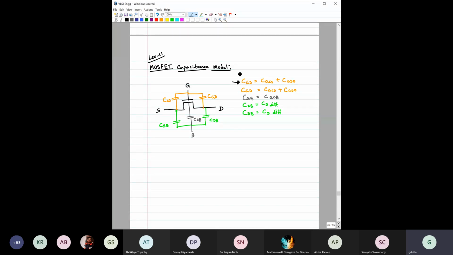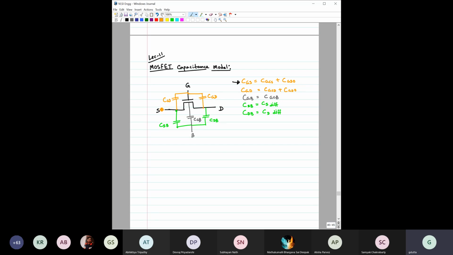And I hope that if you have understood the earlier discussions, then these things are pretty easy. For example, let us see this CGS, the gate to source capacitance. Clearly it comprises two capacitances. One is CGCS, the gate to channel capacitance contribution on the source side, and the gate to source overlap capacitance.